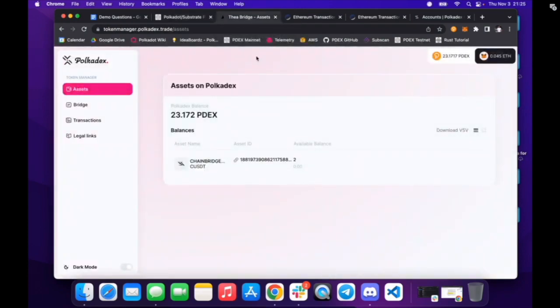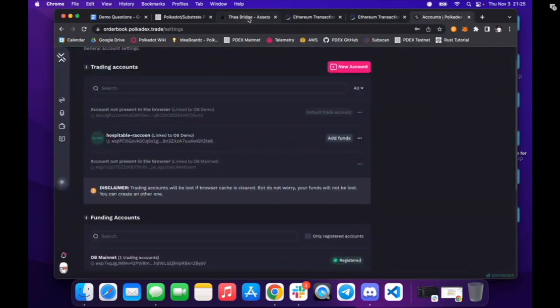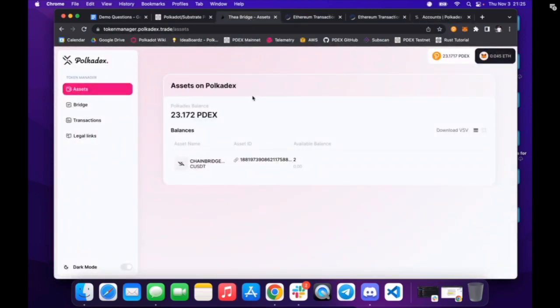So at the moment, when you're withdrawing tokens out of your Polkadex network to another network, which is Ethereum at the moment, there's a 20 PDEX fee.